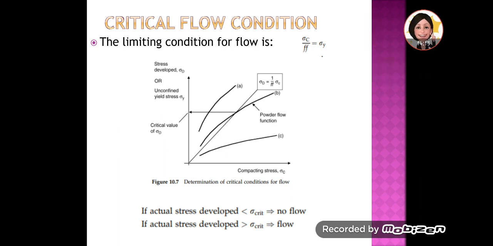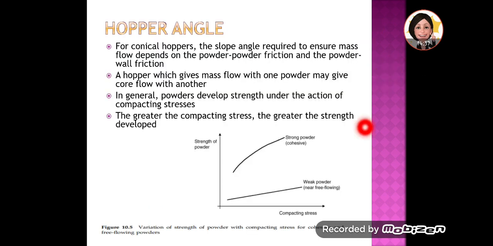This is a plot of stress developed, which is sigma d, or unconfined yield stress, which is sigma y, against compacting stress sigma c. This is the same graph that we have seen previously.